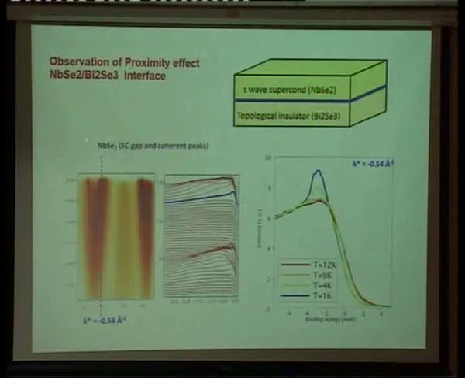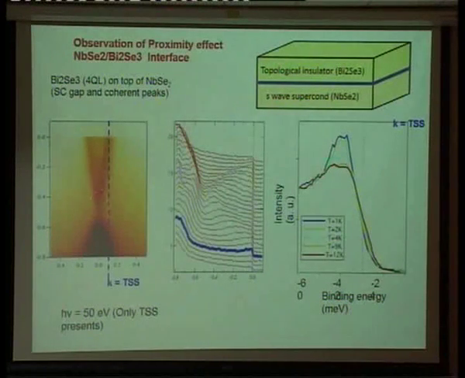Since I'm short on time, what I'm going to show really quick is that we can look at the interface state and tell whether there is superconductivity and how much Cooper pair coherence there is. We can tell that it's not just the bulk band superconductivity that is modified at the interface that creates the proximity effect, but it is the Dirac band that is developing a gap.